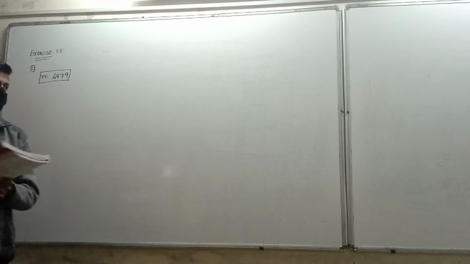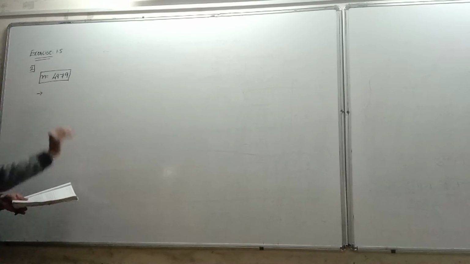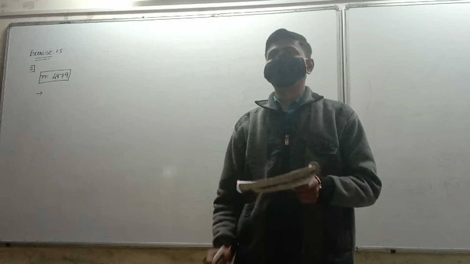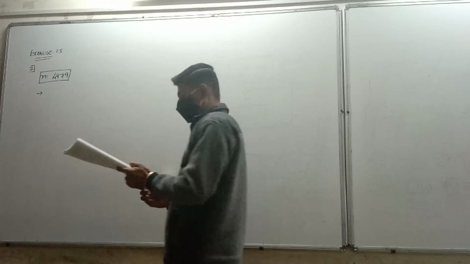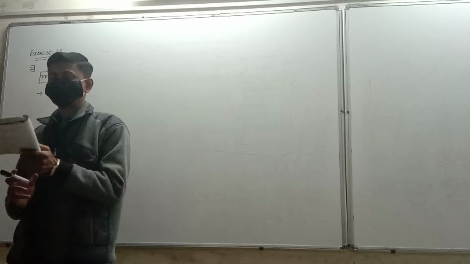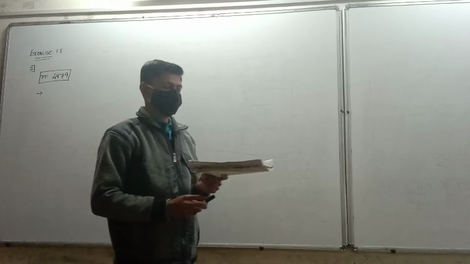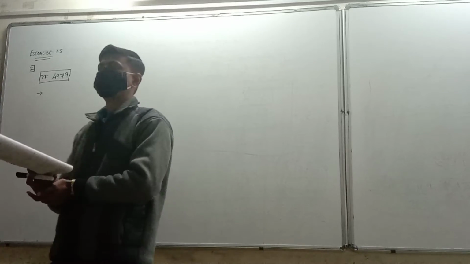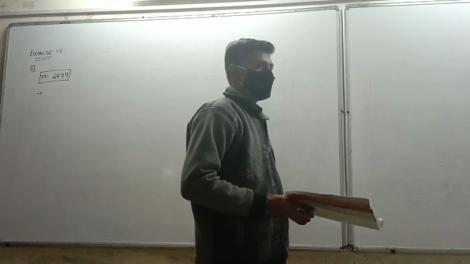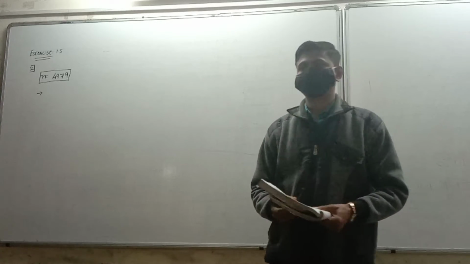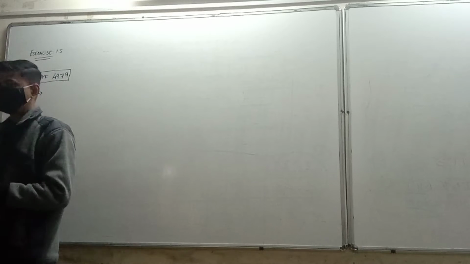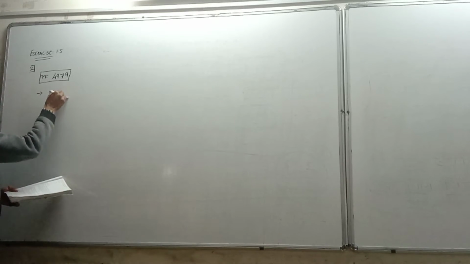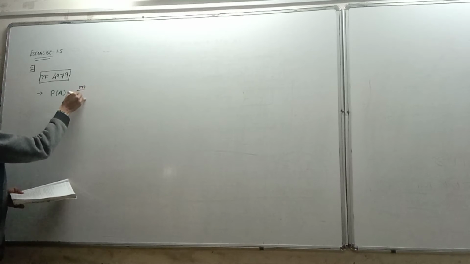Okay, now write down event A is equal to selected voter is a supporter of party A. So new line, P of A is equal to m upon n.